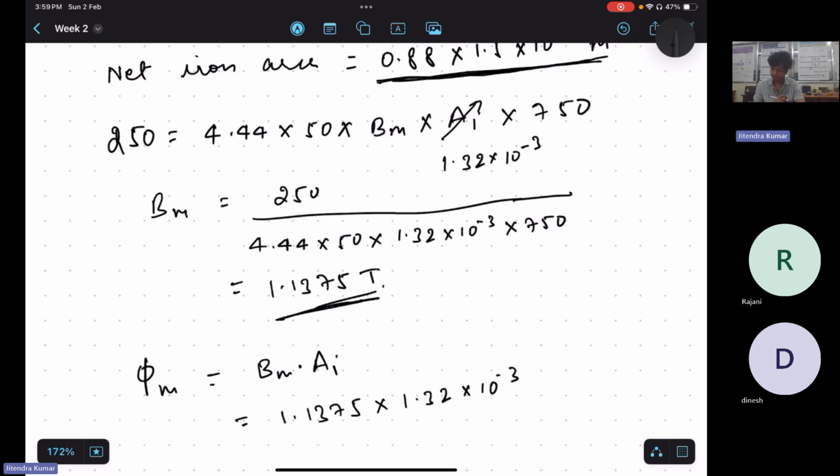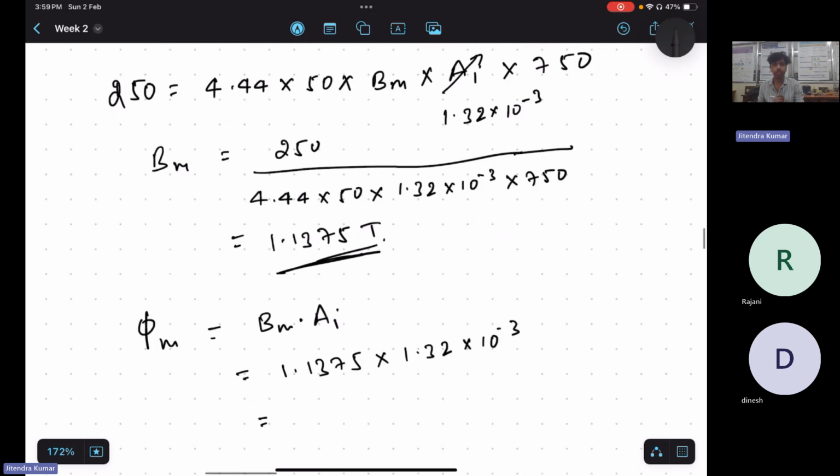If you multiply this expression, you will get 1.50 into 10 raised to power minus 3 Weber. So I hope regarding the first part there is no confusion.